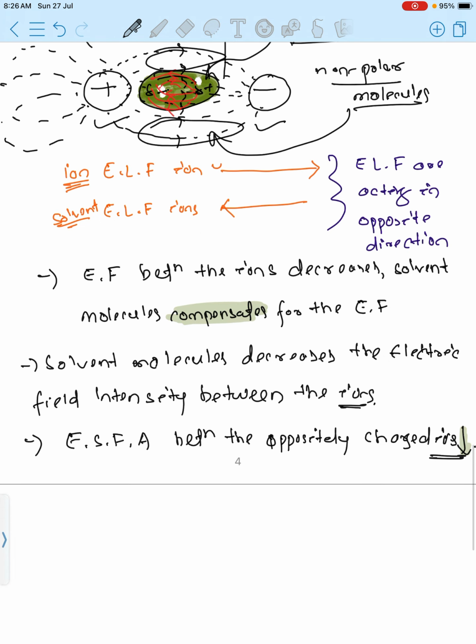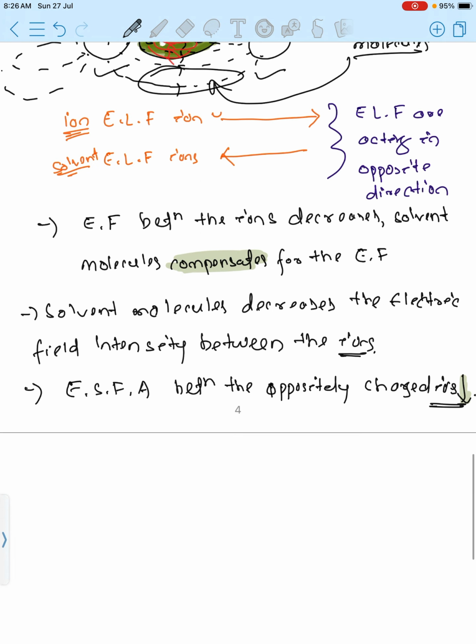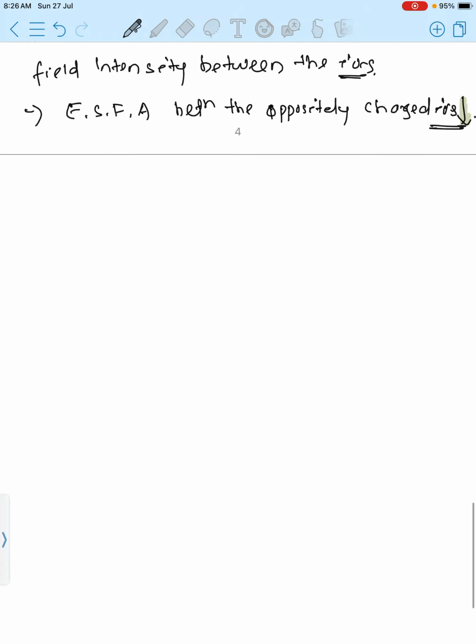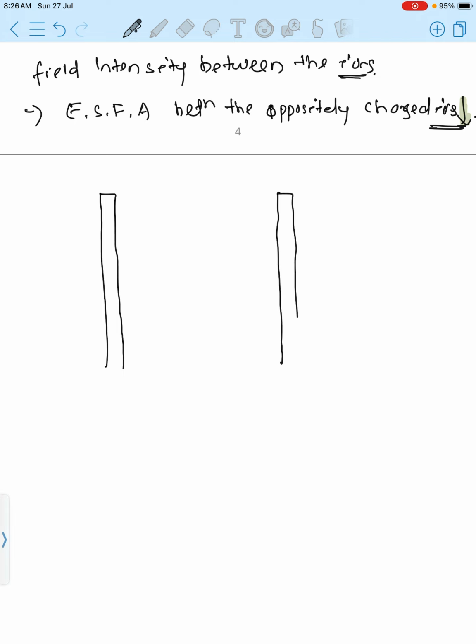Okay, so now we will take another case. Let us say in a container I am considering two electrodes and I am keeping water molecules in between them.